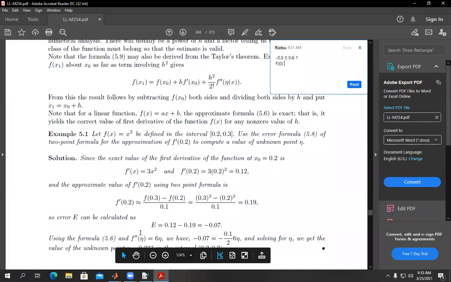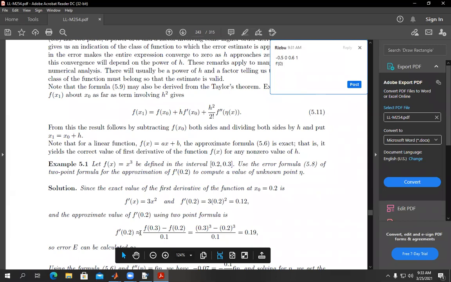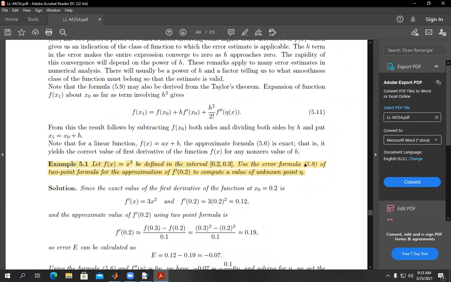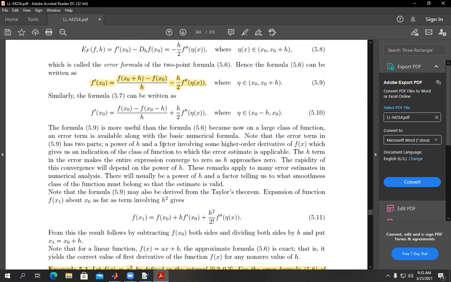Let's take an example here, a simple example. I say f of x is equal to x cubed, defined in the interval 0.2 and 0.3. Use the error formula of the 2-point formula. What is the error formula of the 2-point formula?